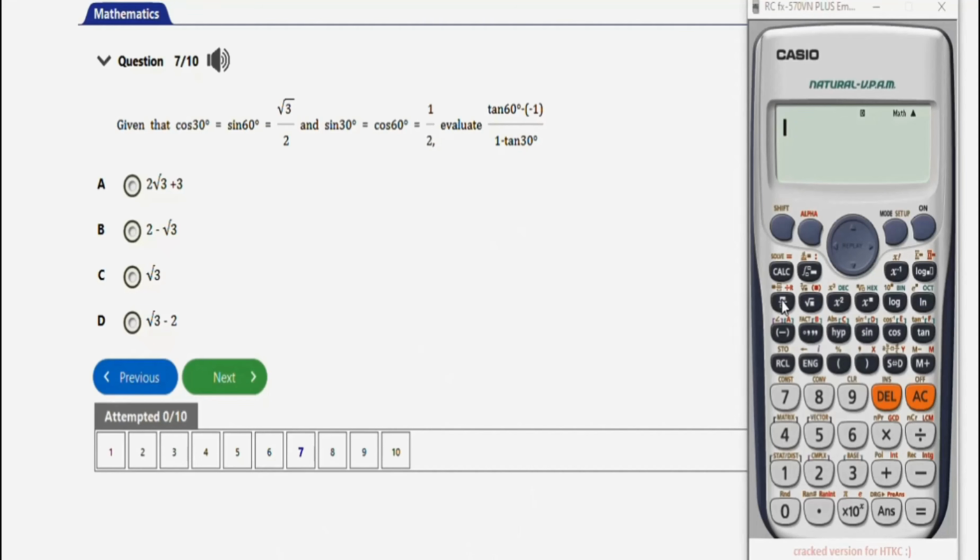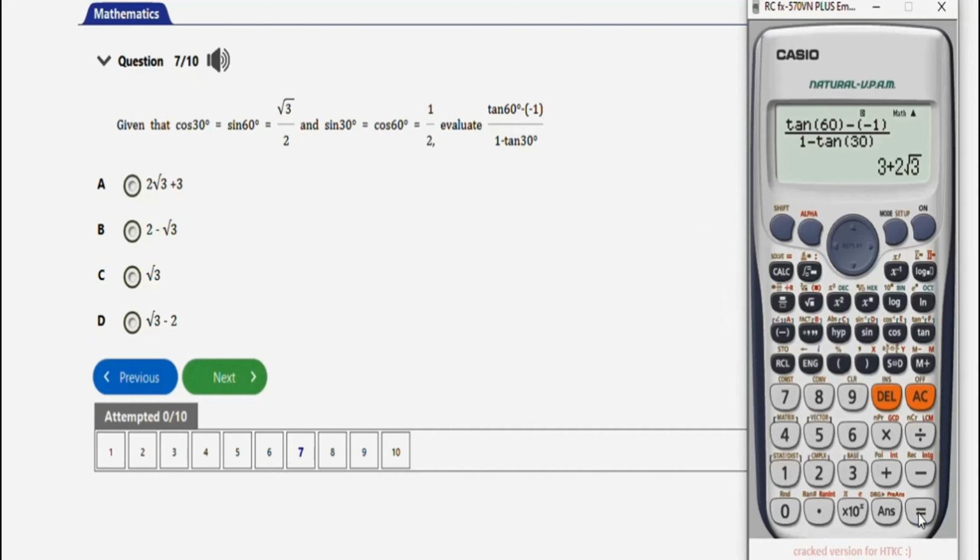It's going to be in fraction, tan 60 minus, close the bracket first, minus in bracket minus 1, close the bracket, over 1 minus tan 30, that's it, close the bracket.